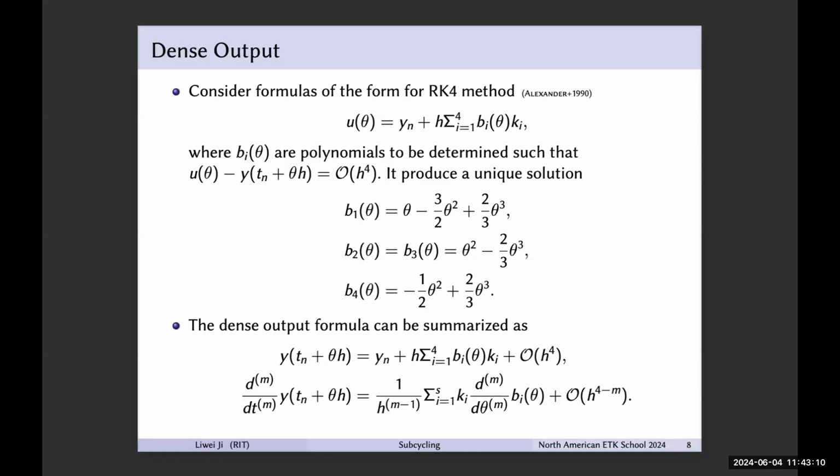Other than that, you can also take the time derivative, and you will have an expression not just for yn but also for y prime. So on the coarse side, because we know the Ki, we can use this formula to approximate y and y prime on the coarse side between the meshes.